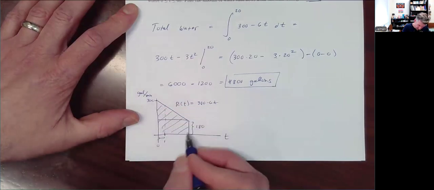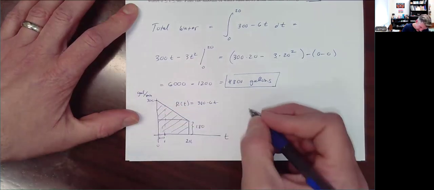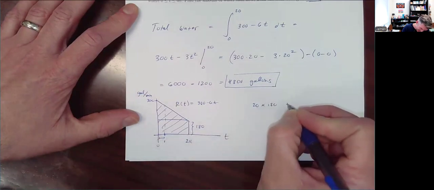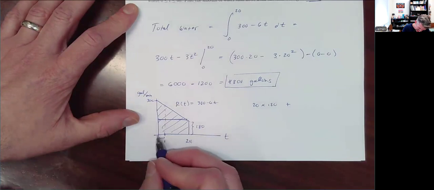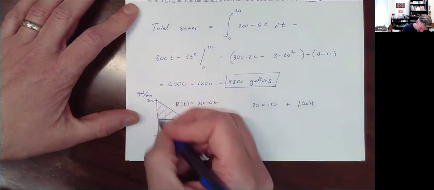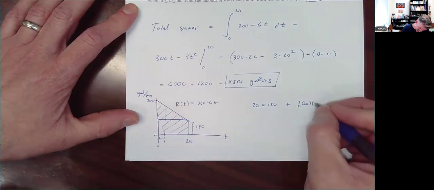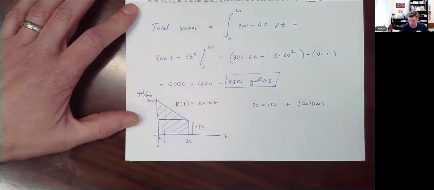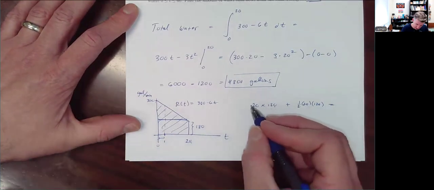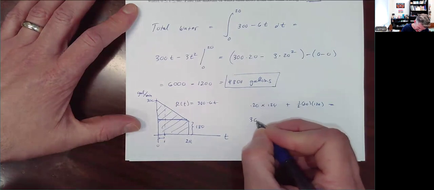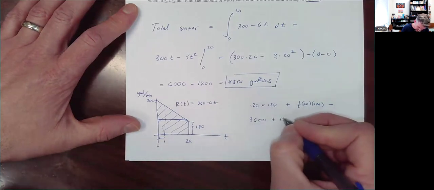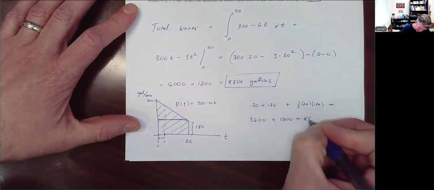So you can find the area of this rectangle, 20 base times 180 height, plus the area of this triangle, which is 1/2 times base 20 times height 300 minus 180, which is 120. If I've done things correctly, this should add to the same amount. 20 times 180 is 3,600, and 1/2 of 20 times 120 is 10 times 120, which is 1,200. That's exactly 4,800.